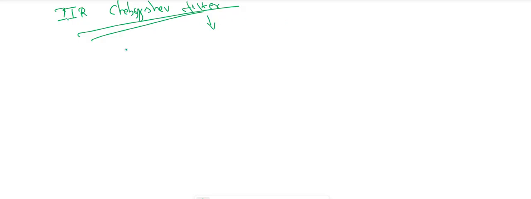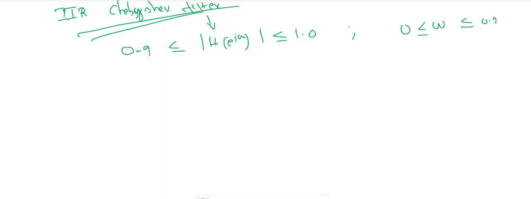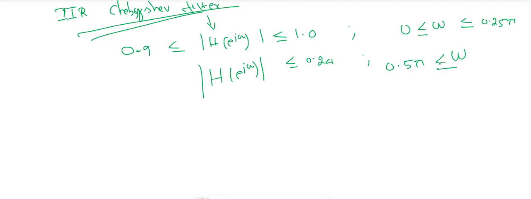For the given specification, the magnitude of H of e power j omega is from 0.9 to 1, where omega is 0 to 0.25 pi, and H of e power j omega is less than 0.24 in the stop band, for omega from 0.5 pi to pi.